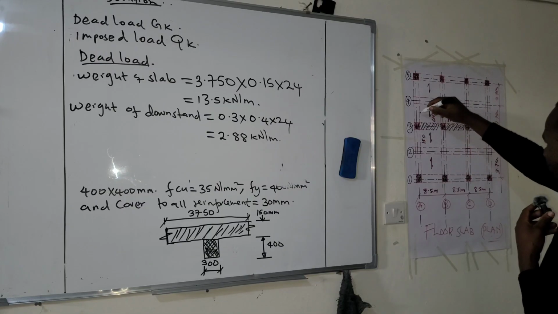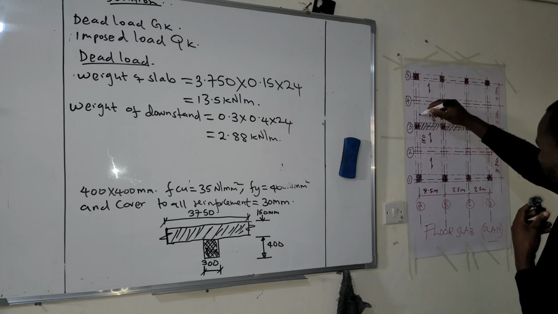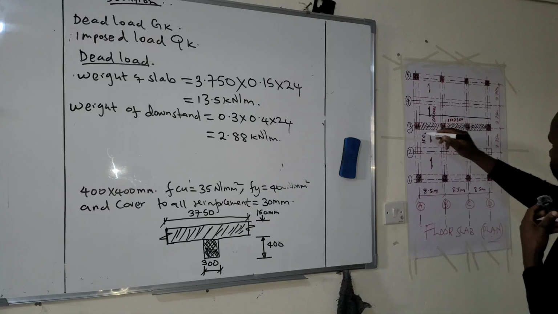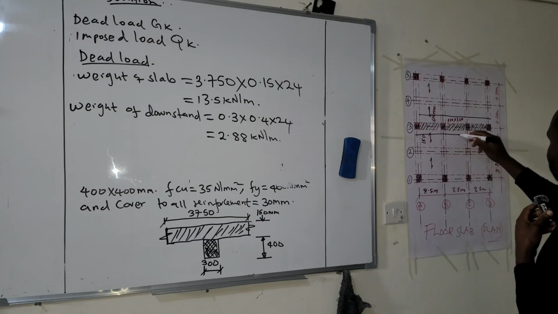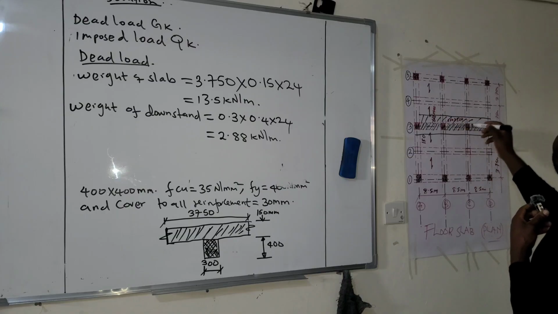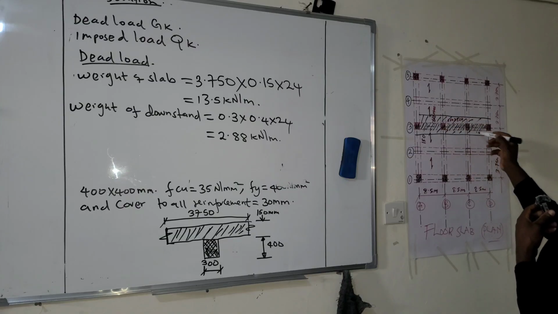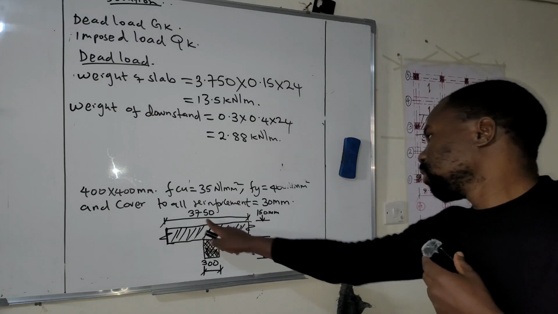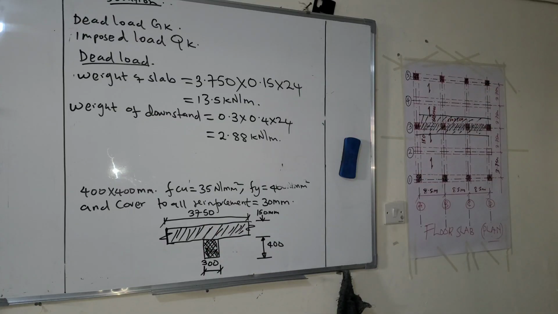So it is supporting a half of 3.75 and a half of 3.75, which will make up to 3750 if you add a half of 3.75 plus again a half of 3.75.